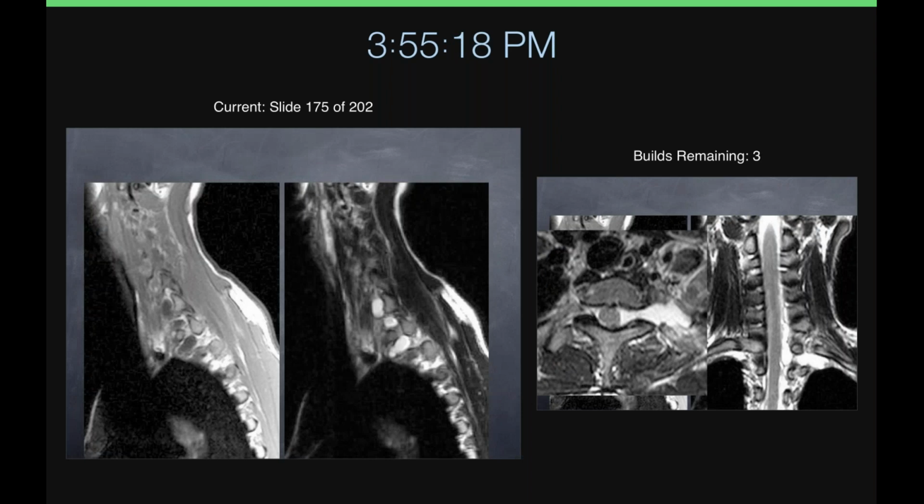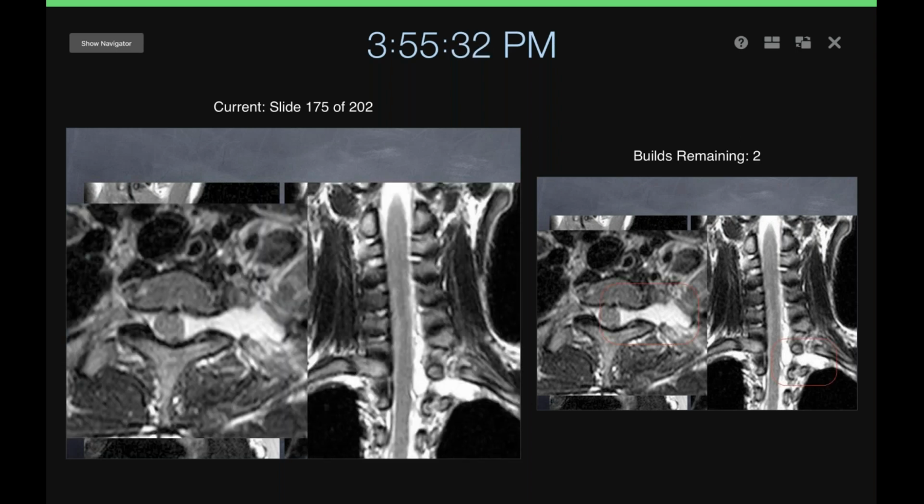There's another patient who had trauma and now has weakness in the left arm. This looks like multiple cystic lesions through the neural foramina. Here's the axial image through one of them. It looks like there's widening of the neural foramen with prominence of the CSF space, like a multi-level meningocele.